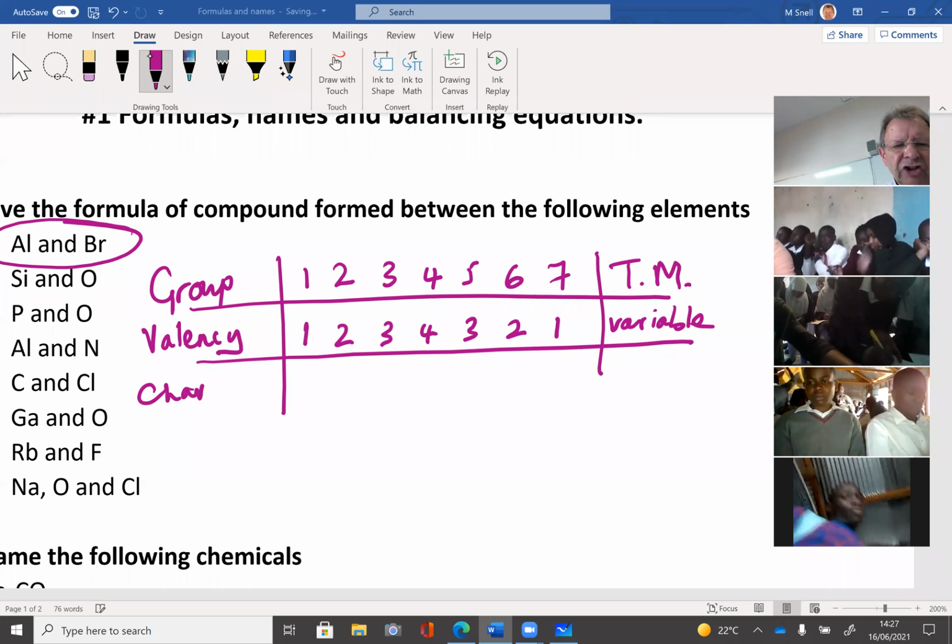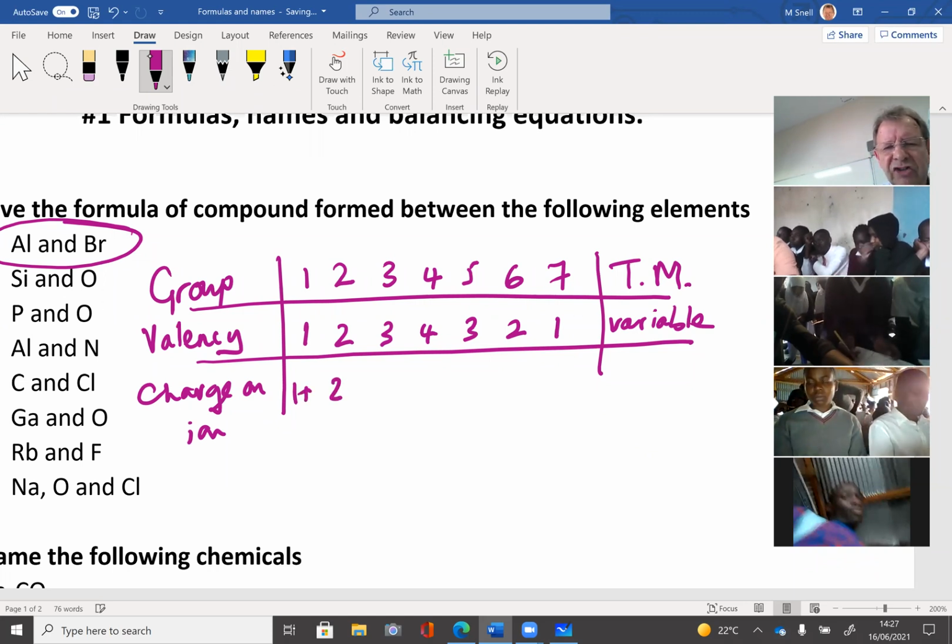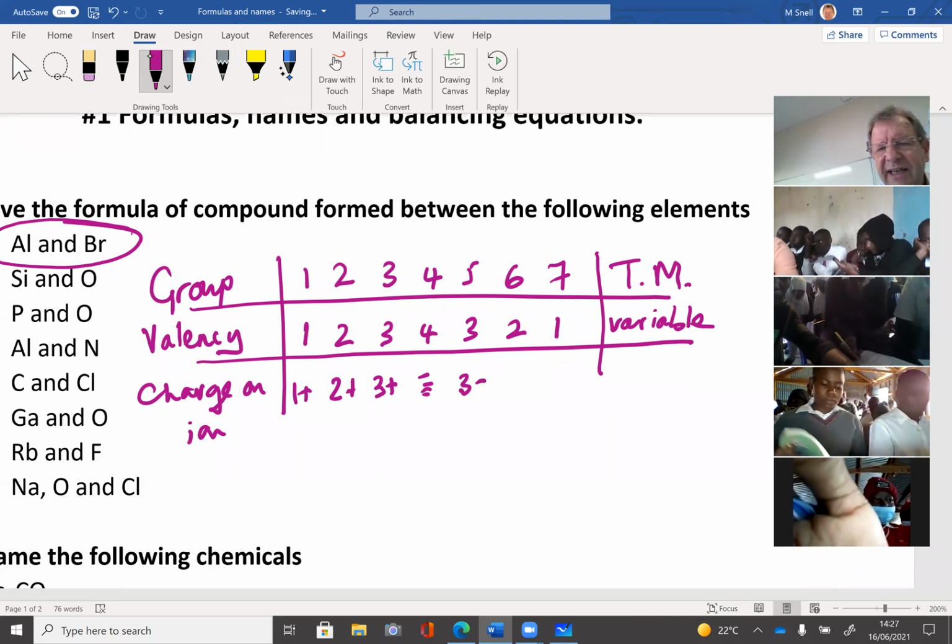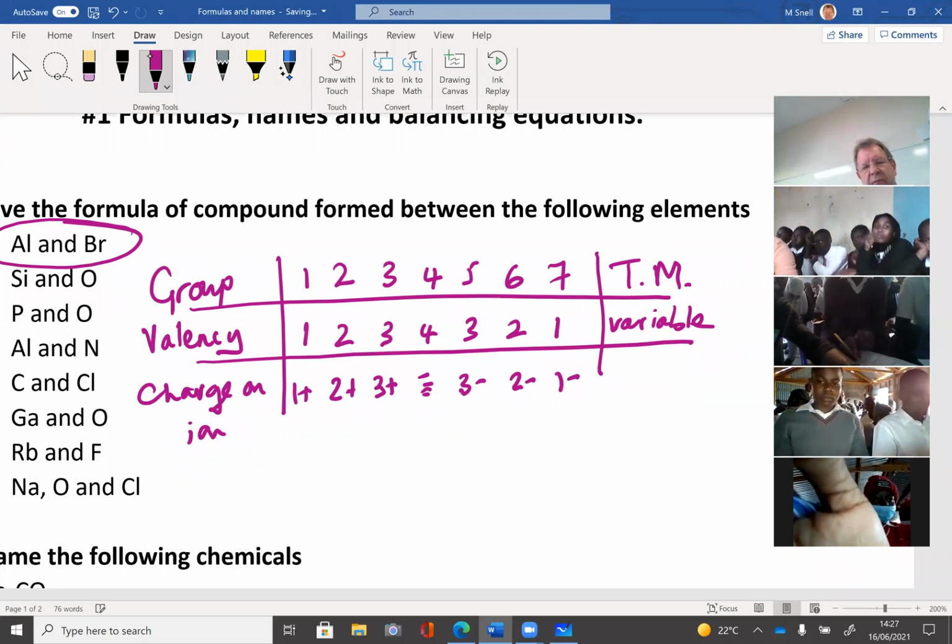If I look at the charge on an ion from something in group 1, it's 1 plus. In group 2, it's 2 plus, 3 plus. 4 don't really do that. 5 is 3 minus, 6 is 2 minus, and 7 is 1 minus. I expect you knew that.